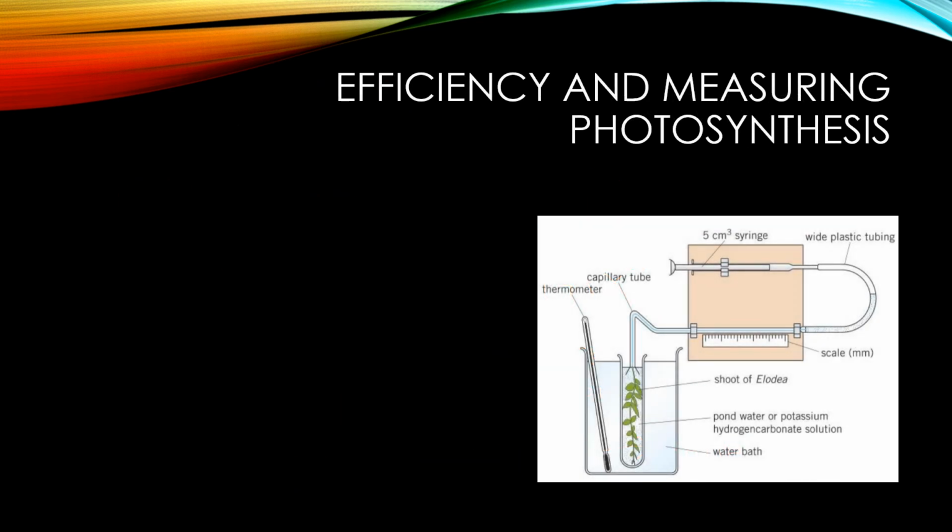Use of equipment measuring limiting factors. Well, limiting factors can be measured in the form of light intensity, temperature, and carbon dioxide. Now you might be wondering, why are these limiting factors? Well, if you have a limiting amount of light, then photosynthesis can't occur.